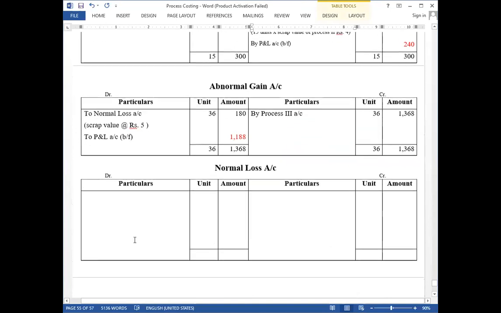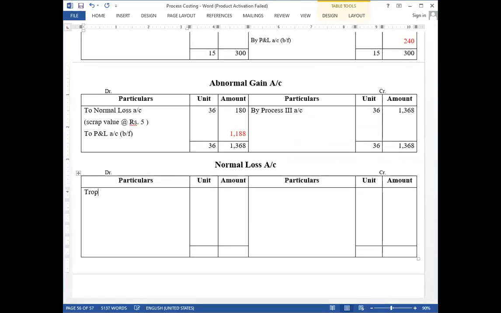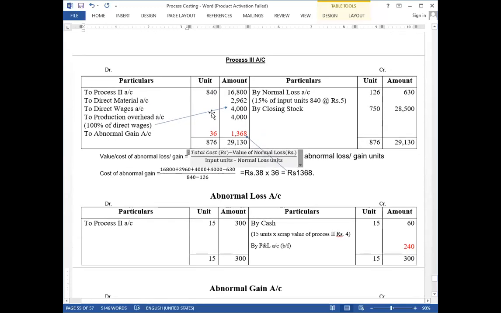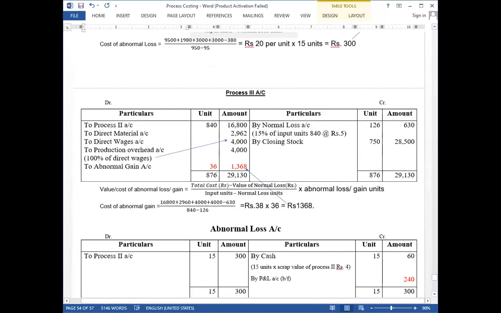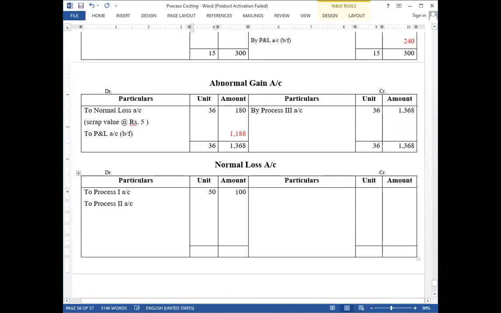So I'm transferring this side, to process 1 account, 50 units at the rate of 100. Next is to process 2 account. In process 2, it is 95 units and 380 rupees.